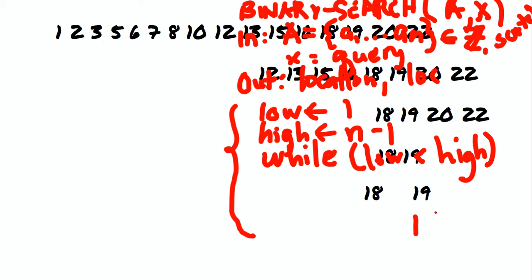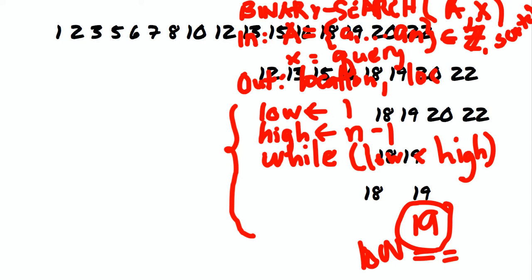So when there's one element left, say 19, low is equal to high, and the loop should terminate.